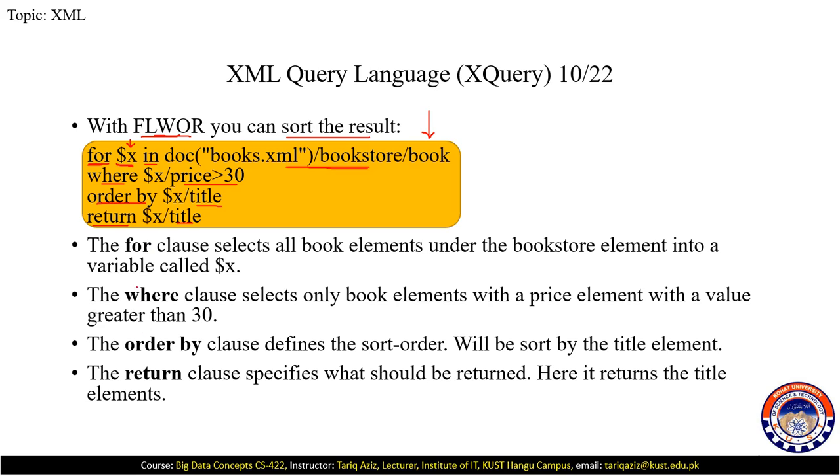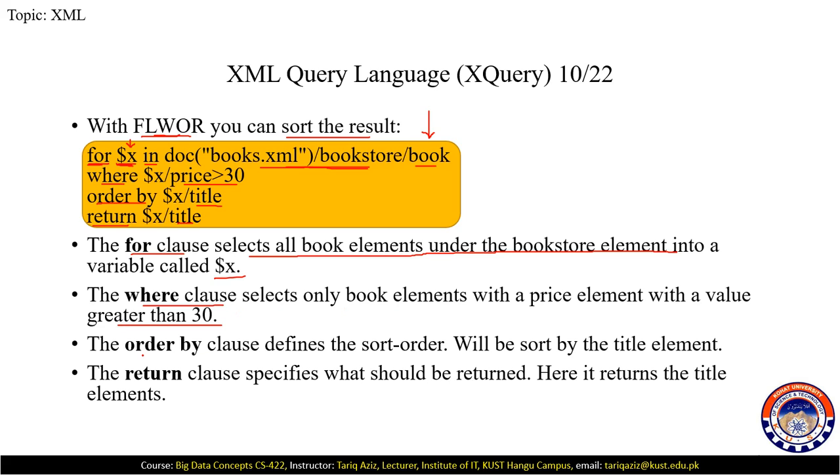Now here again it is explaining for what purpose we used the for clause in the above query. It selects all book elements under the bookstore element into a variable called dollar sign x. So from this expression, it will select all the book elements and then store all the book elements in this variable. Okay, now why did we use the where clause to set the condition? Because we want those books whose prices are greater than 30.